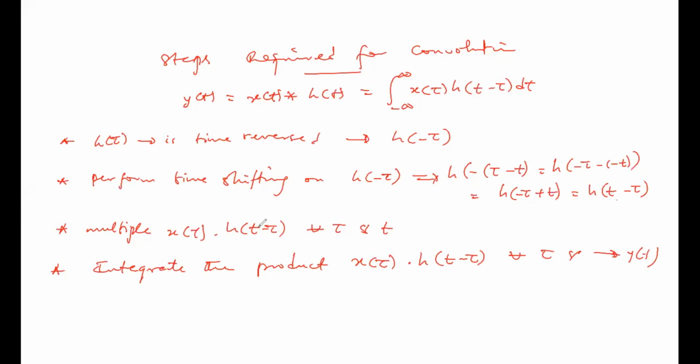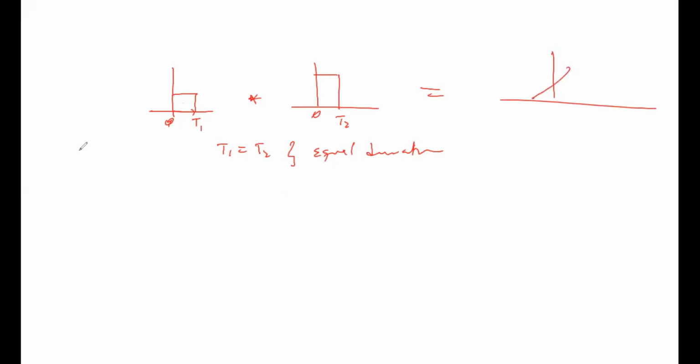That is when we try to convolve this rectangular function with another rectangular function, say this is T1 and this is T2, where T1 is the same as T2. So they have equal duration, okay? So the output is going to give us a triangular waveform.